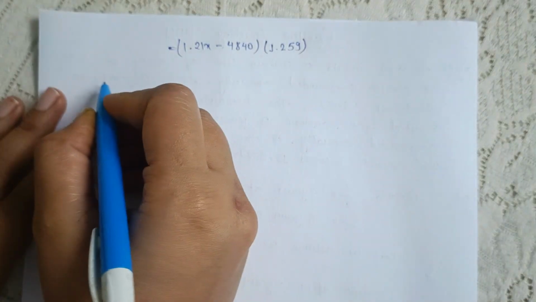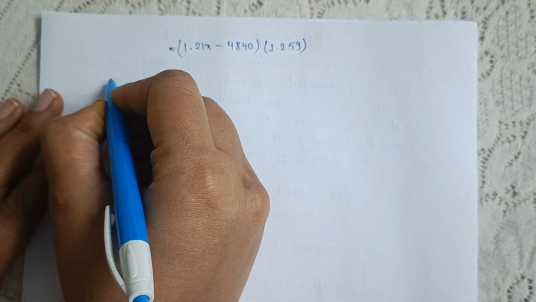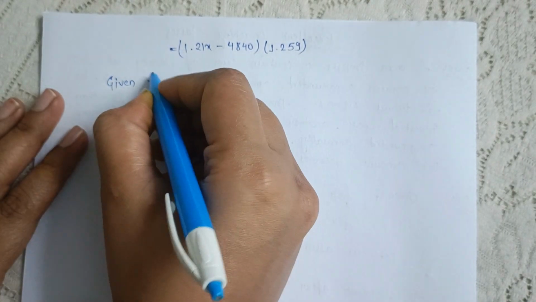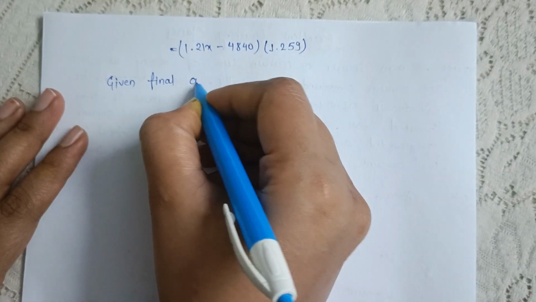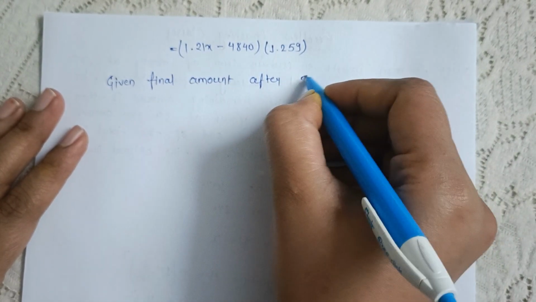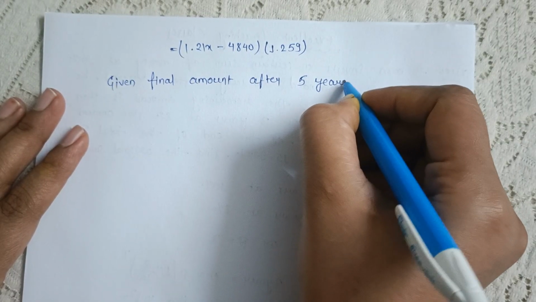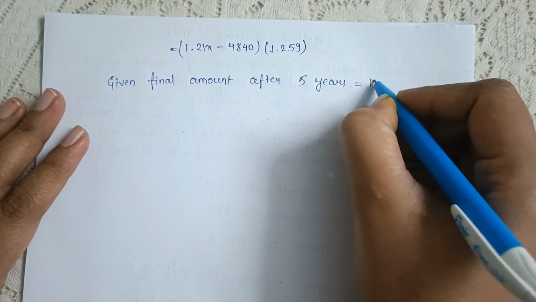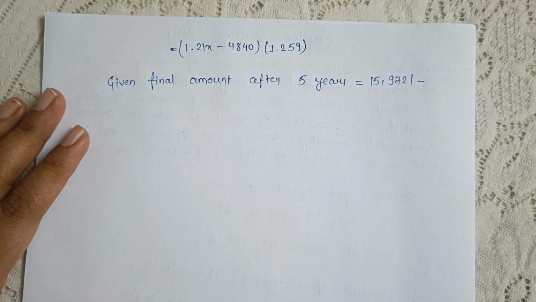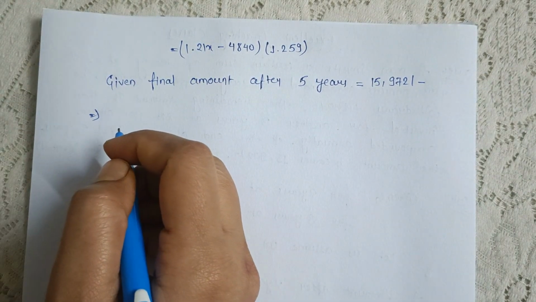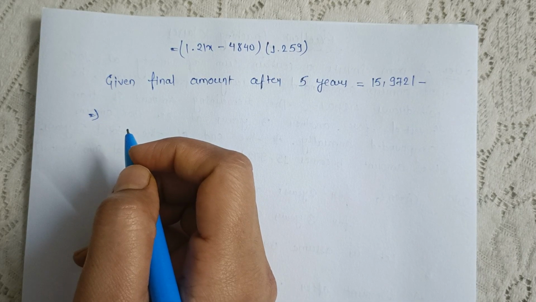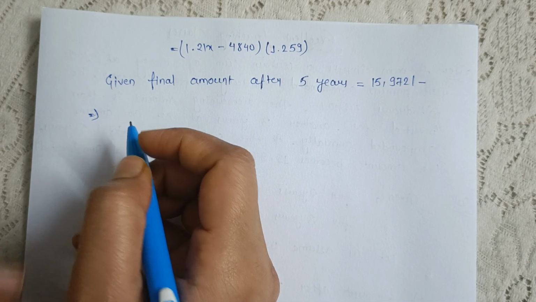At the end of 5 years, the final amount is 15,972. It is given in the question. Given final amount after 5 years: the value of the final amount is 15,972 rupees. In our question, the final amount is given. We have to find the original sum which was invested initially.